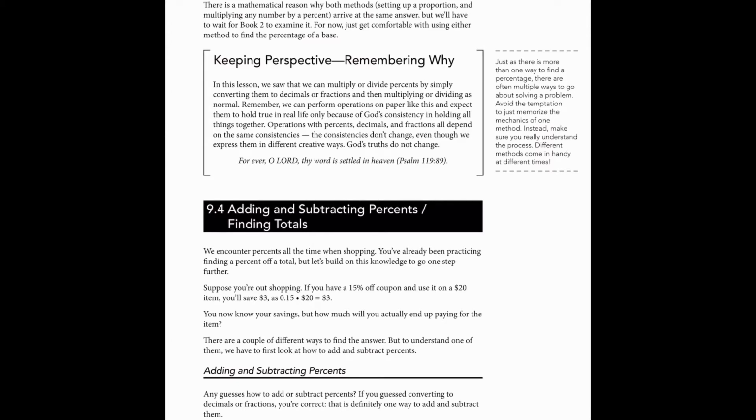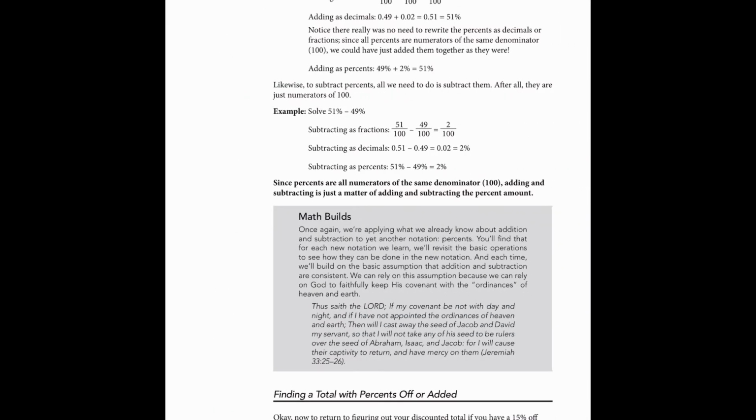So there are a couple different ways here that they show us how to add and subtract percents. Here there are two ways. Here's an example: 49% plus 2%. Adding as fractions would be to first put 49 over 100 plus 2 over 100 equals 51 over 100.